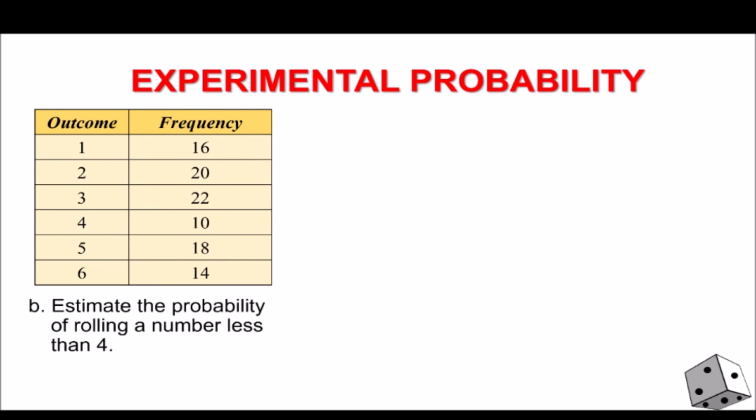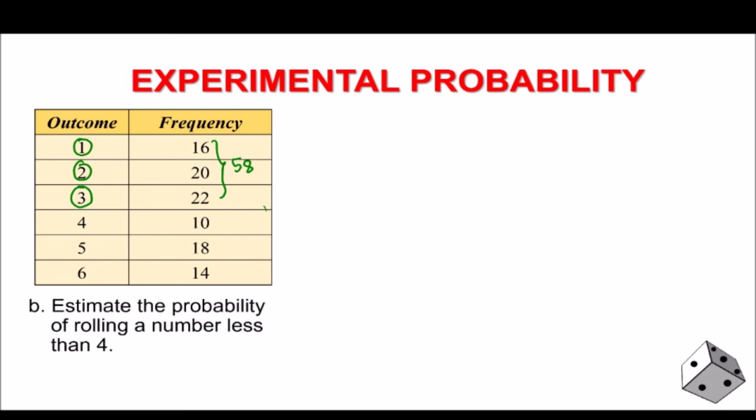Estimate the probability of rolling a number less than 4. Based on the table, the numbers less than 4 are 1, 2, and 3. So what we will do is add all their frequencies. 16 plus 20 is 36, plus 22 is 58.